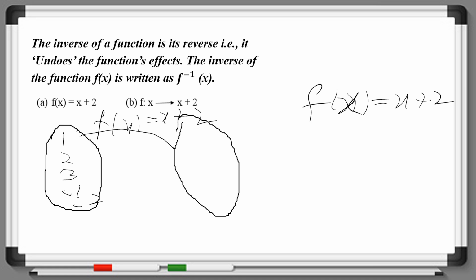So in place of x, if I write f at 1, it is 1 plus 2, that is nothing but 3. So 1 is mapped to 3.